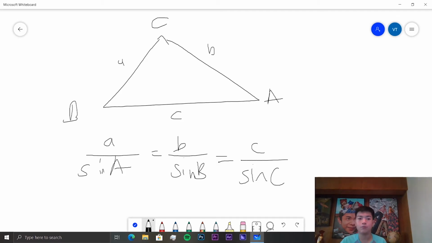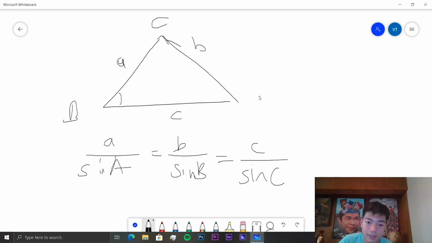However, there is one ambiguous case of the sine rule, and it is when two triangles can be constructed from given information about two sides and the non-included angle. Say we're only given information about B and this side and this side. Well, if the side wasn't as large, let's make that a bit smaller, and erase C, we don't know that.